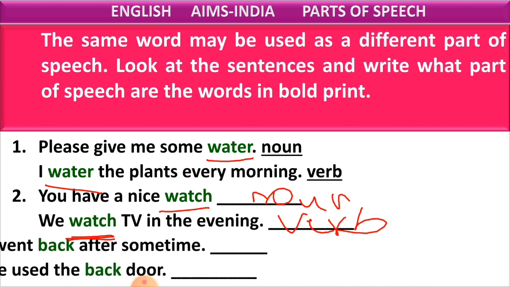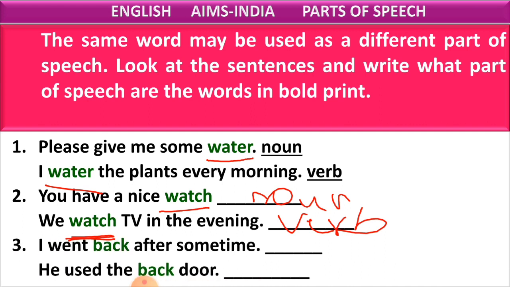Now third sentence. I went back after some time. So here, went, what does it reply? Some work. I went in the sense I just went. Where? Back. I went back.